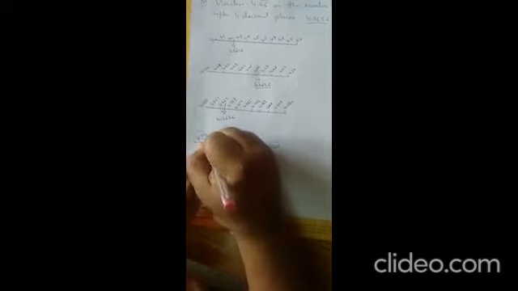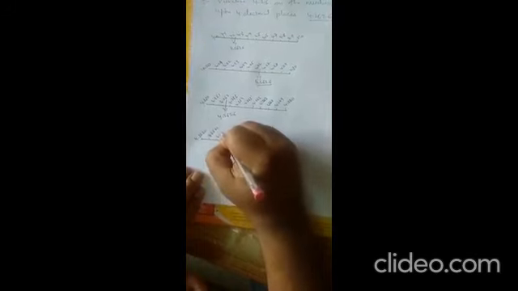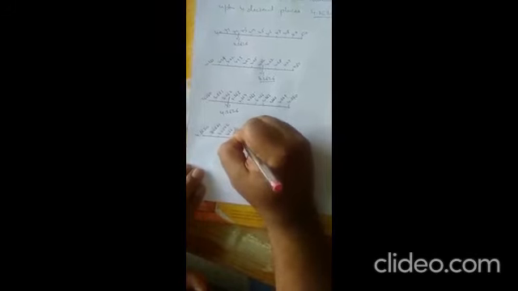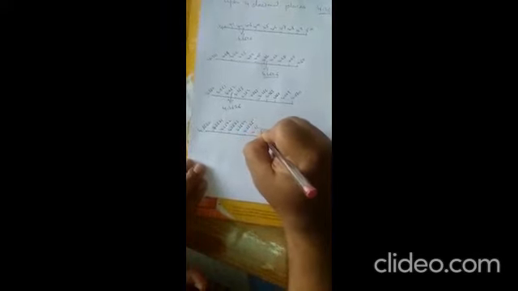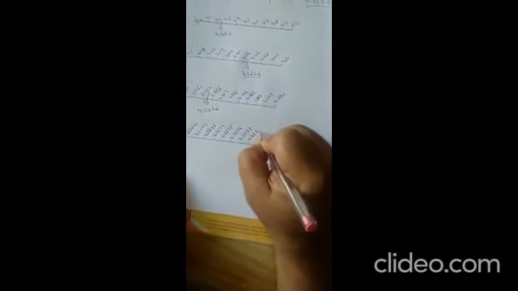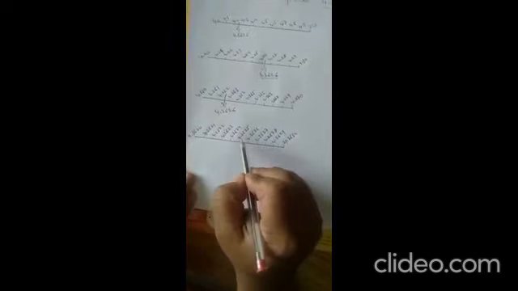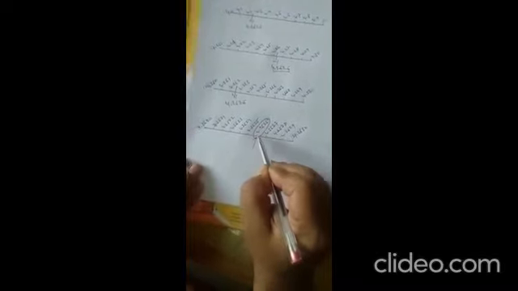So we will start with 4.2620, 4.2621, 4.2622, 4.2623, 4.2624, 4.2625, 4.2626, 4.2627, 4.2628, 4.2629, 4.2630. So we reach the number 4.2626.